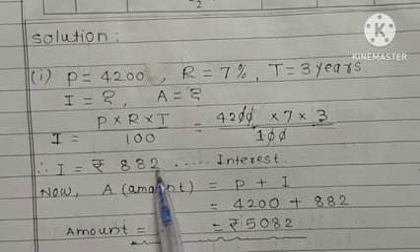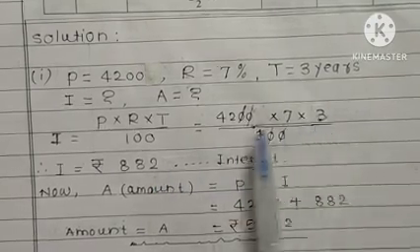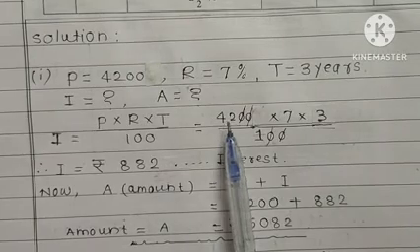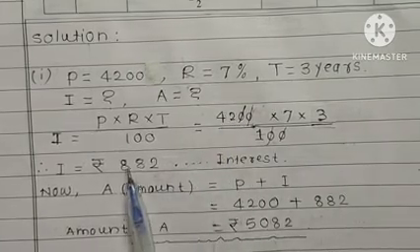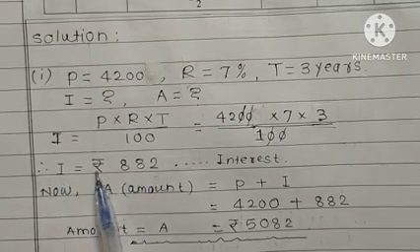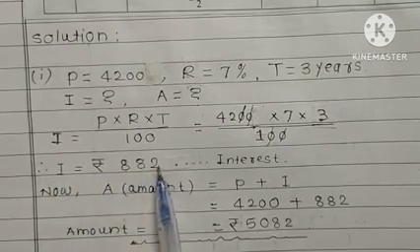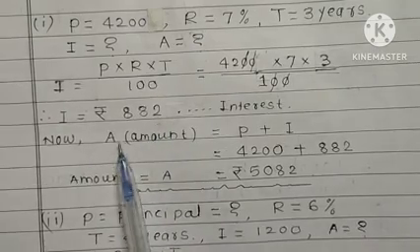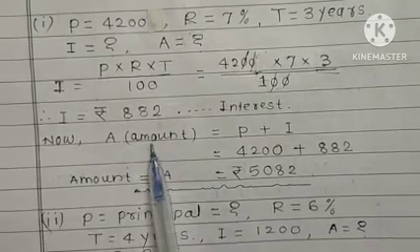Carry 4. 21 fours are 84 plus 4, that is 88. So I is equal to rupees 882.